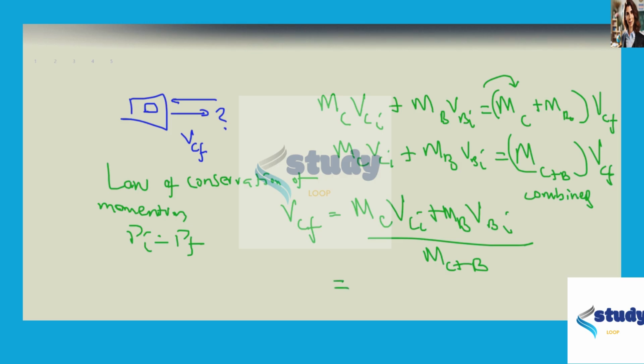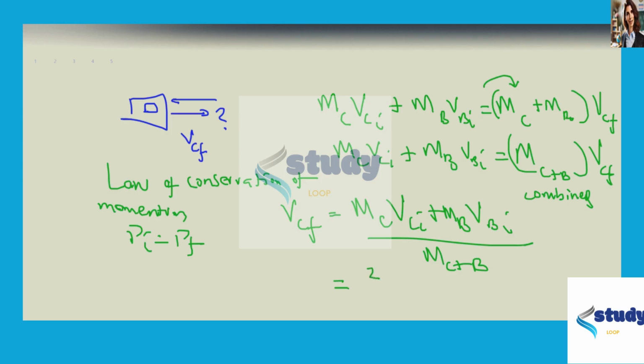So we have mc, which is the mass of the car, 200. So this is 200 times 5.